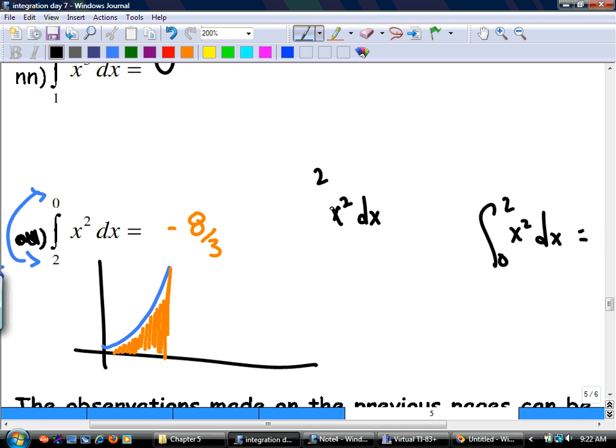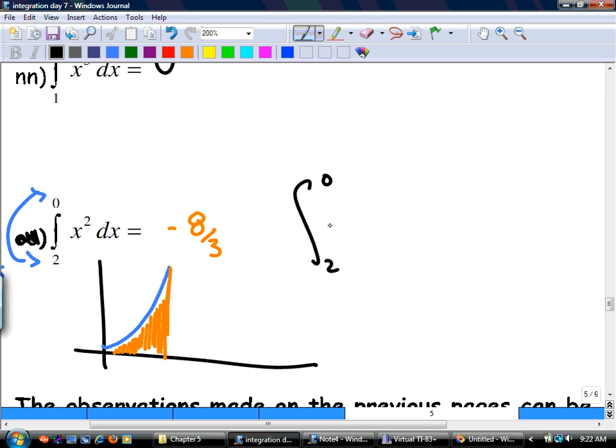So let's just follow what we've been doing. The antiderivative between 2 and 0 of x squared dx. So what's the antiderivative? Put 0 in for x.